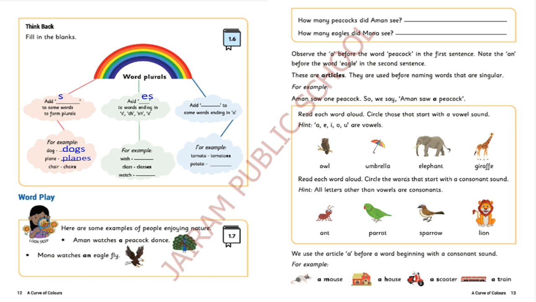For example, wish plus es, wishes. Class plus es, classes. Watch plus es, watches. Last rule is, add es to some words ending in o. Tomato plus es, tomatoes. Potato plus es, potatoes. These are all the examples.